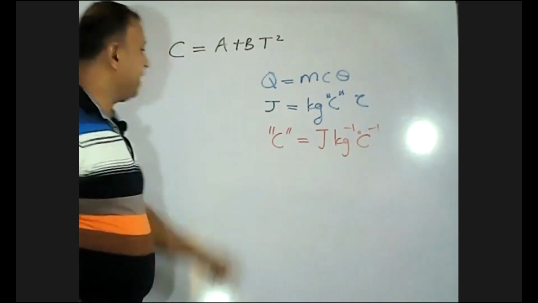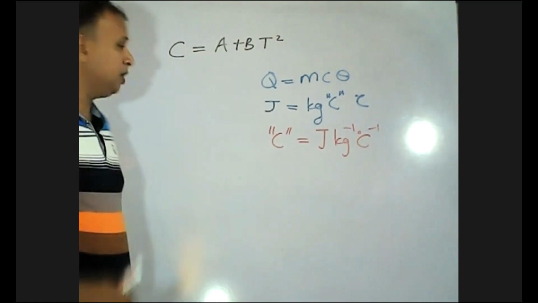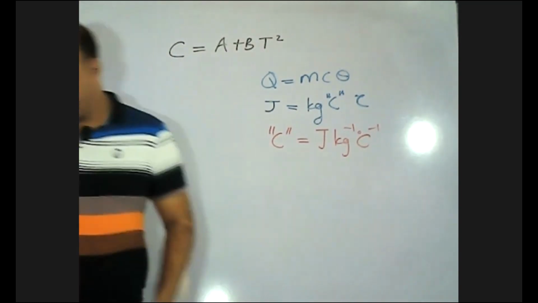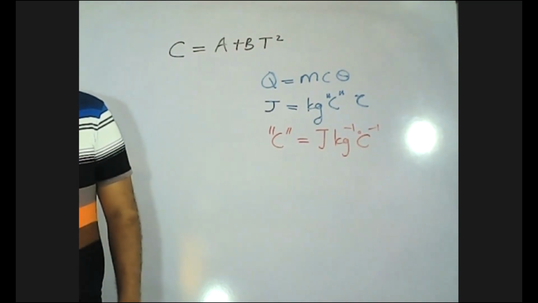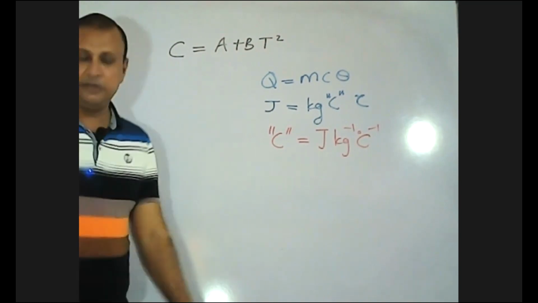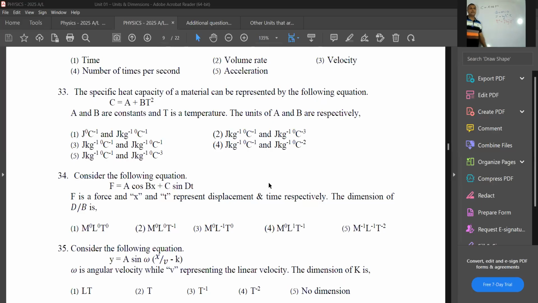Therefore, unit of A should be equal to unit of C. Therefore, I can remove only the answer number 1. All the others are same, so I cannot get any advantage from that.